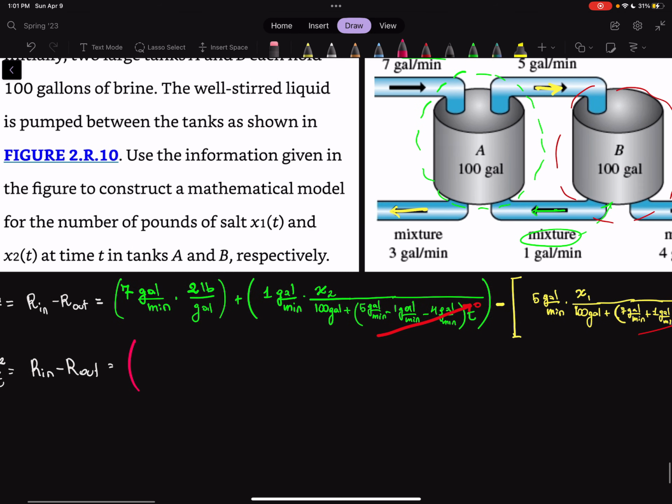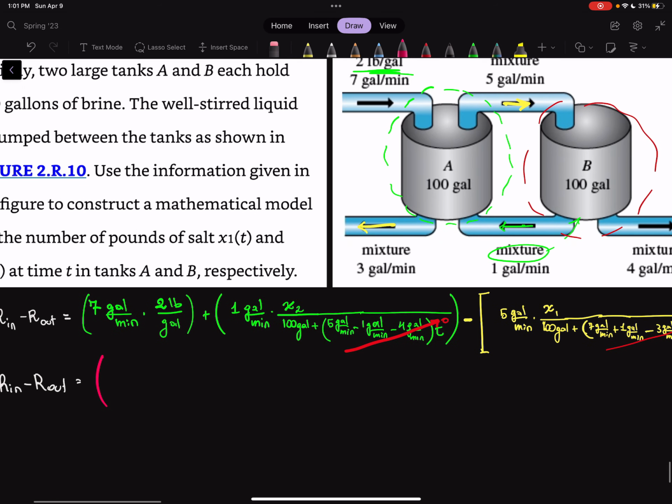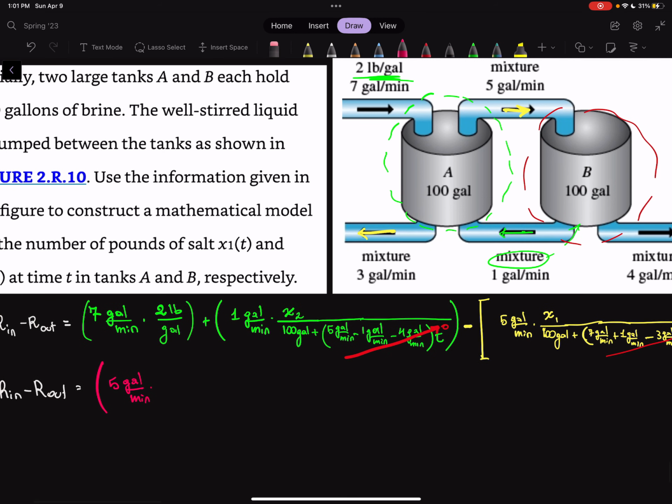The stuff that's coming into tank B is just 5 gallons per minute multiplied by the mixture of A, so the amount in A divided by the volume, which is 100, and it'll stay 100 because of this.